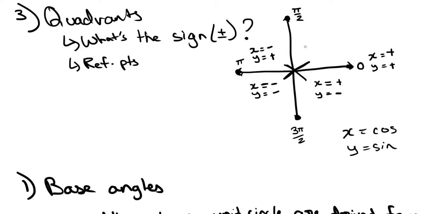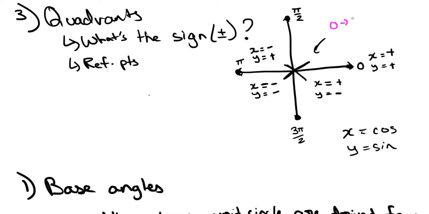Okay, so now that you know this, you just need to visualize where your angle is. So if the angle is less than pi over 2, then it's over here. I'm just going to write these on the graph. Everything from 0 to pi over 2 falls in this quadrant. I should do this in a different color, what do you think? Pink.